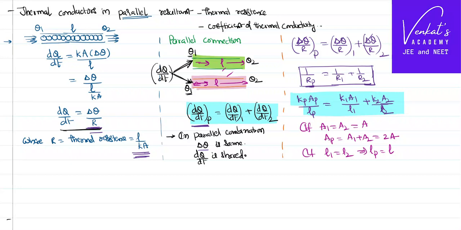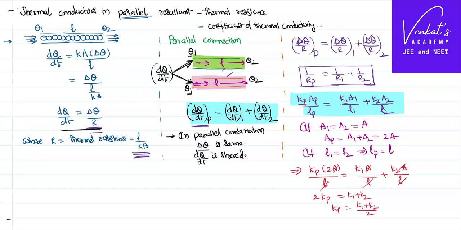Putting these two conditions in the above equation, we get K parallel times A parallel, which is 2A when we consider rods of the same area of cross section and same length, divided by L parallel, which is L itself, equal to K1 A by L plus K2 A by L. So the L's can be cancelled and the areas can be cancelled. 2 into K parallel equals K1 plus K2. So K parallel equals (K1 plus K2) by 2.